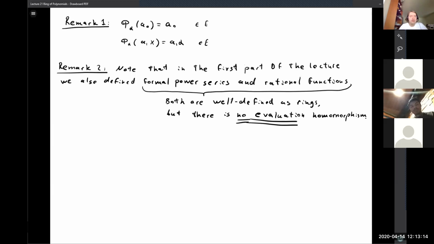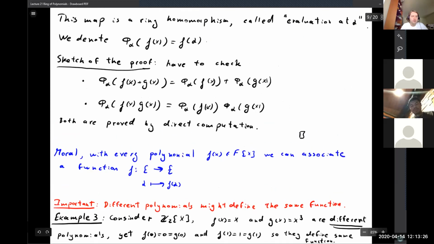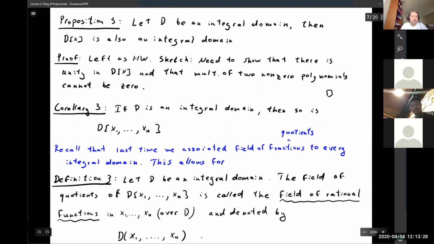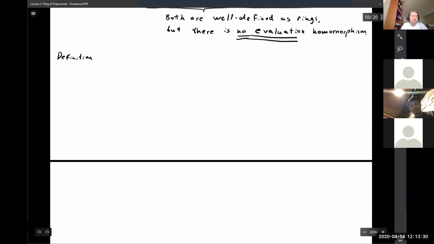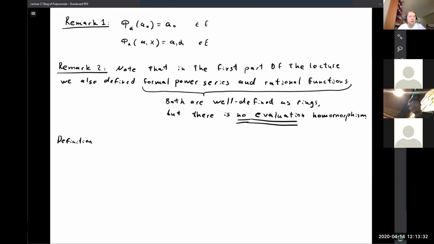So out of this discussion about the evaluation homomorphism, we arrive at the definition. That's definition 4, the definition of a zero of a polynomial.